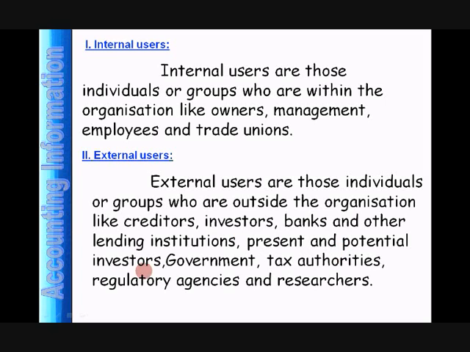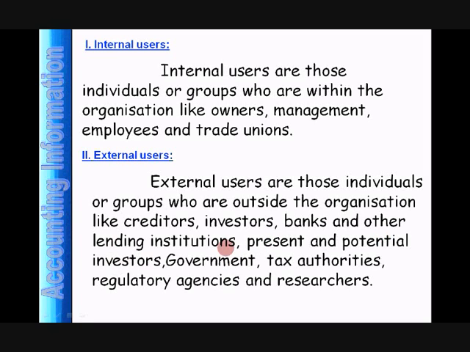Present and potential investors, government authorities may need it periodically. You may have to provide certain things like tax deducted at source. You have to give the TDS money and the certificate to the government authorities. If you collect other income or profit, and if you collect advance tax, you have to pay them upfront.